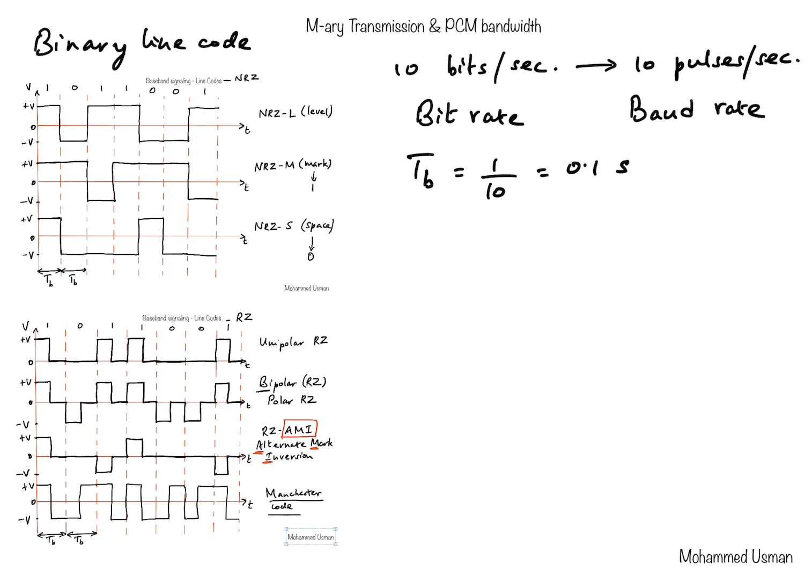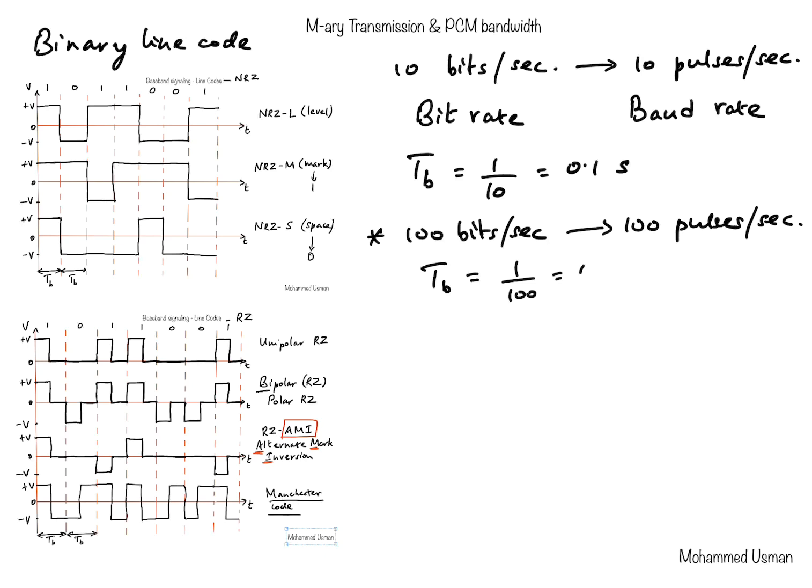If we want to increase the communication to, say, 100 bits per second, then we need to transmit 100 pulses per second. So the duration of each pulse would become 1/100, because in 1 second there are 100 pulses, which is 0.01 second.